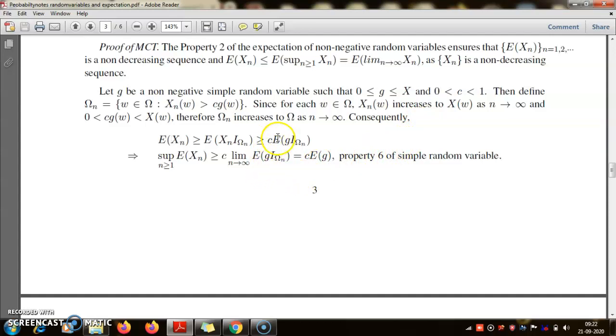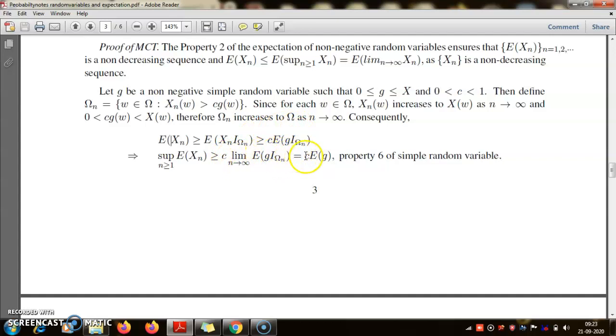So now I have got two non-negative sequences, one dominating the other. So the supremum of one cannot be less than the supremum of the right side. Here it is an increasing sequence of simple random variables, so expectation is a non-decreasing sequence of numbers, and their supremum is the limit.